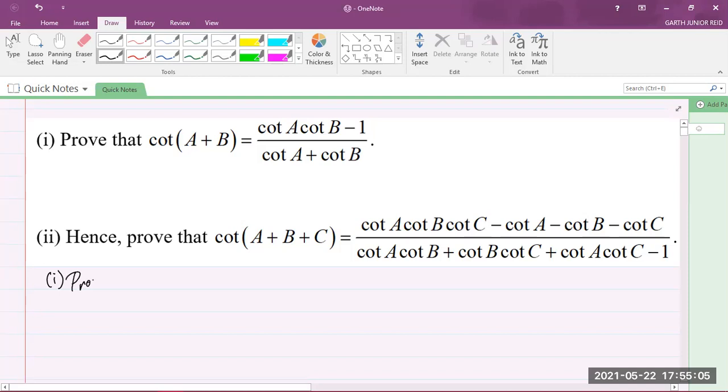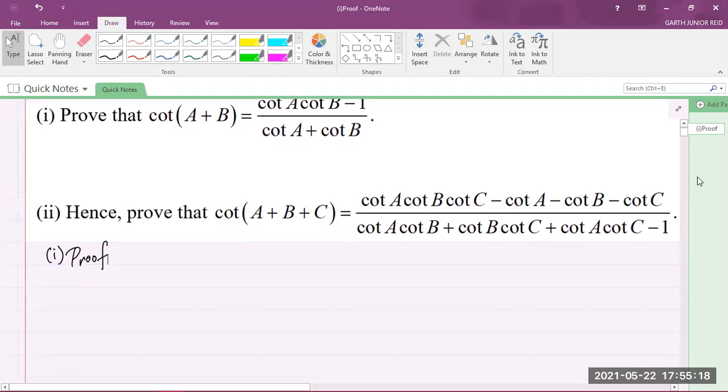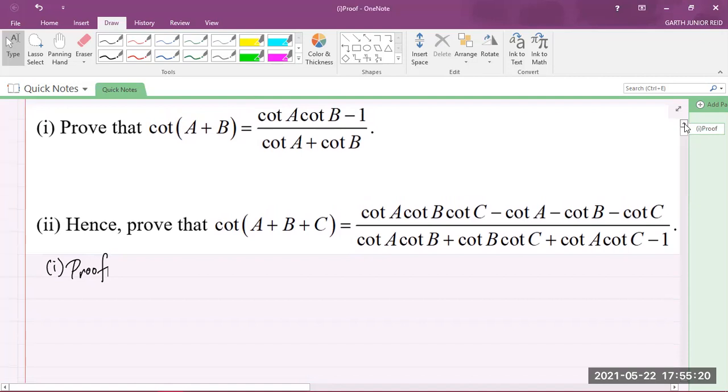We're given that the cot of A plus B is equal to the cot of A times the cot of B minus 1 over the cot of A plus the cot of B. Now what I'm going to do is start off with the right-hand side of the equation.